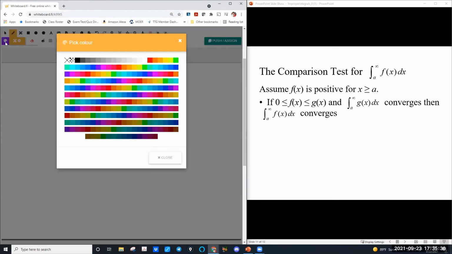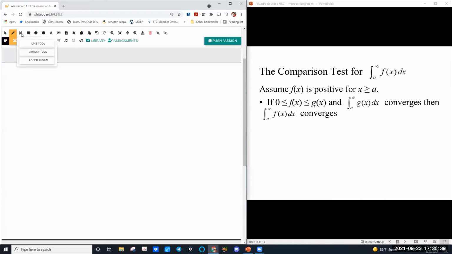So here's what's going on, and this is a nice one because we can look at it graphically. Now remember, these are going from some point A up to positive infinity.